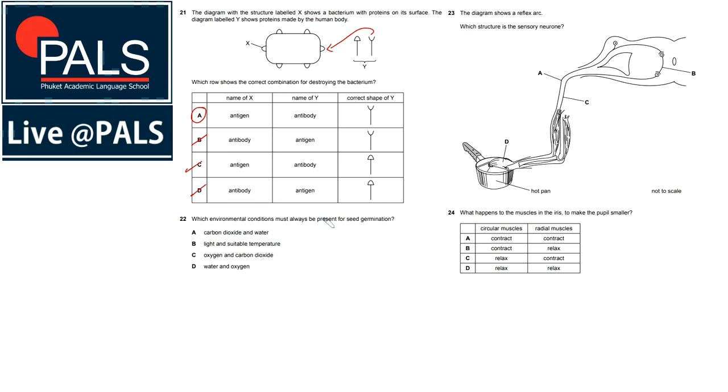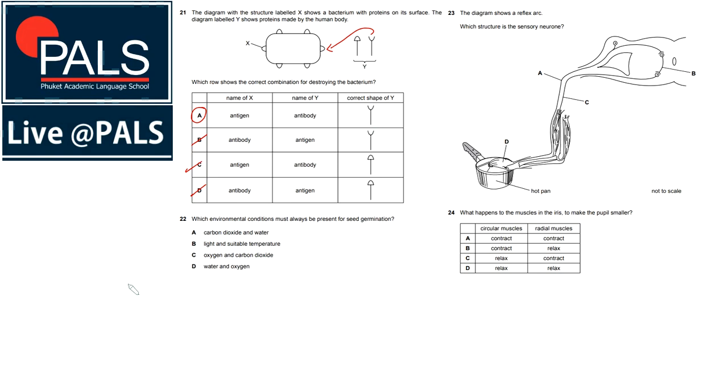Which environmental conditions must always be present for seed germination? So, a very common mistake in this question is to say light. Now, plants need light, yes, but germinating seeds do not need light. Why don't they need light to germinate?